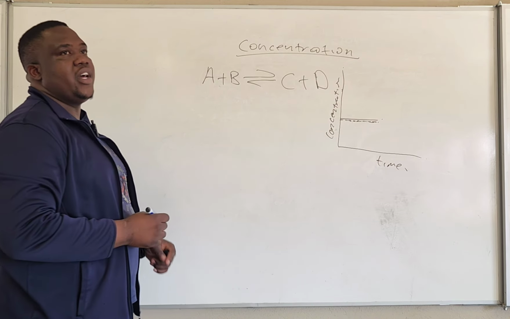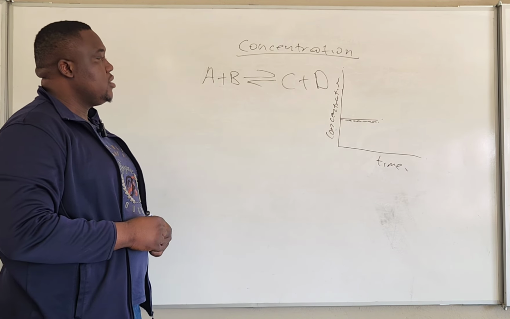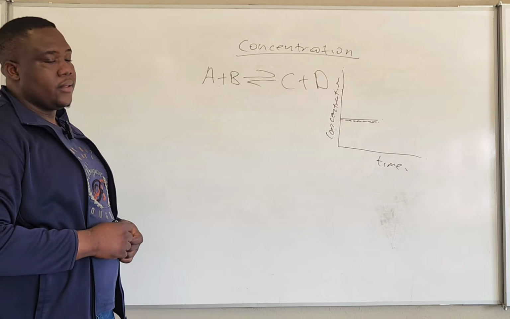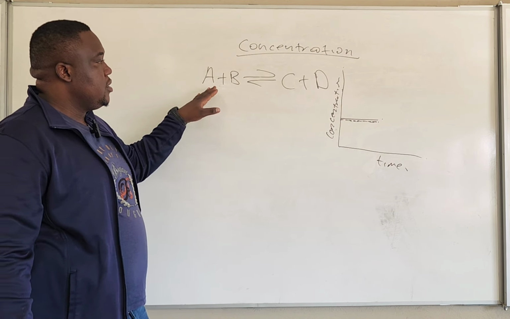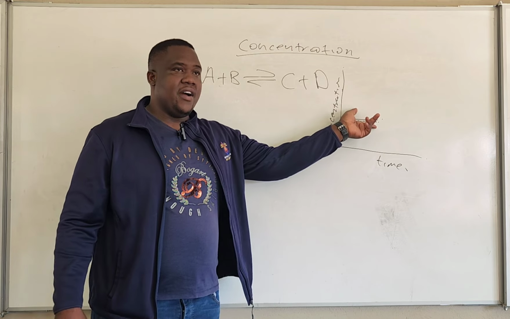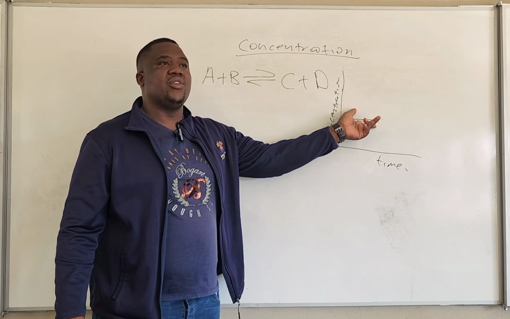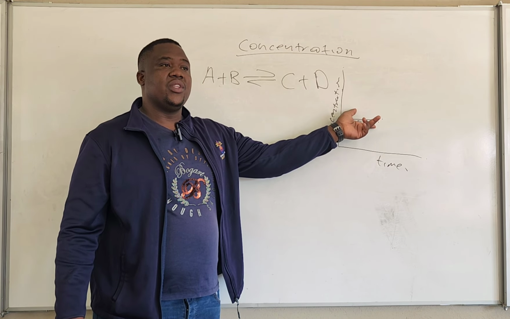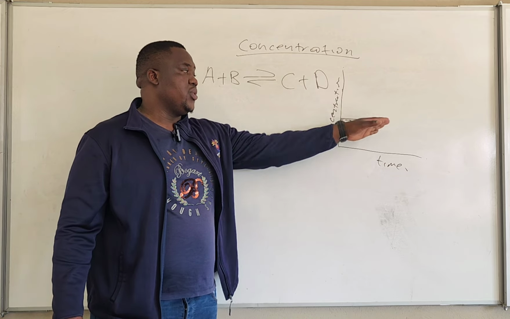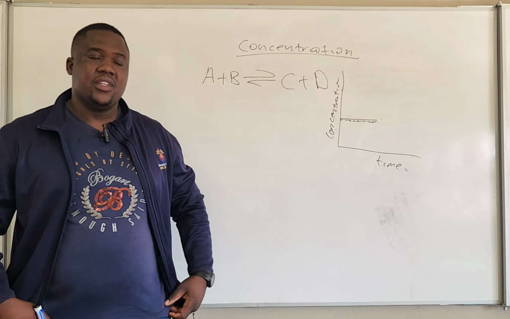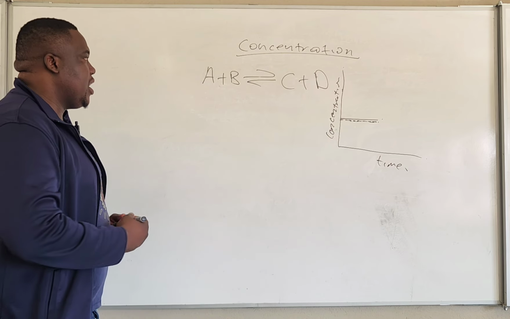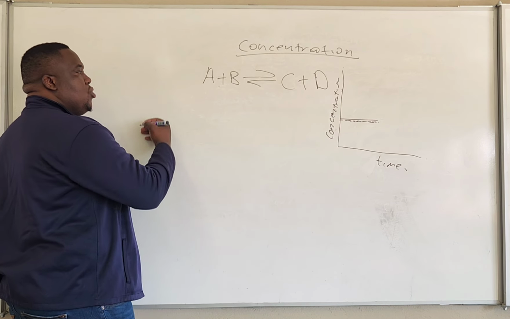How does concentration affect the equilibrium? Let's say we have reached the equilibrium. It means the rate of the forward reaction is equal to the rate of the reverse reaction. That's why you see a straight line. A straight line represents that a reaction has reached equilibrium.